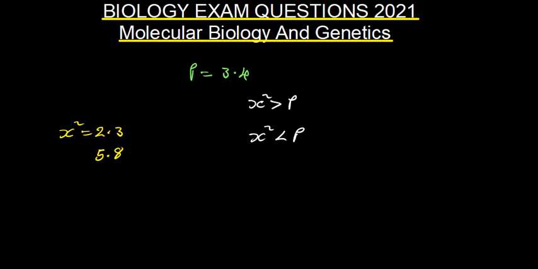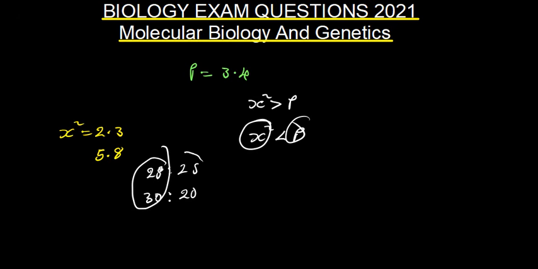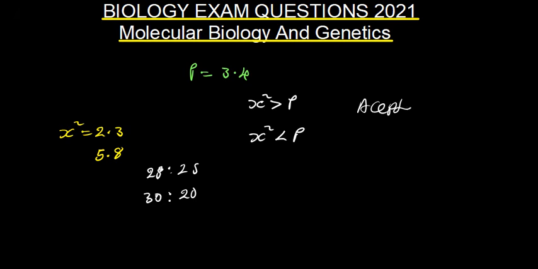So in that case, where we had expected 25, and observed we had 30 and 20, if you conduct the chi-square and you find that the chi-square is less than the p-value, regardless of these numerical differences, you are going to say the values are within the expected Mendelian ratios, because the chi-square is less than the p-value, and the results are going to be accepted. The hypothesis will be accepted, in other words.